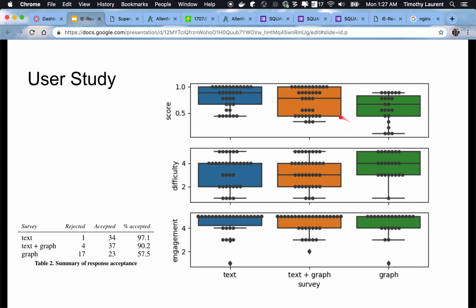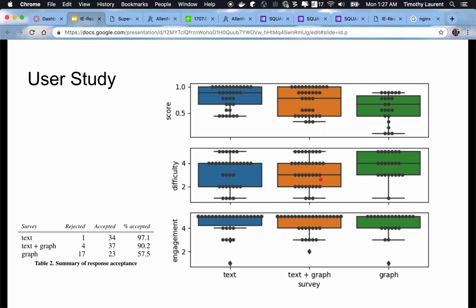That was statistically significant. But you can see that, on the whole, there's a bigger distribution of scores in the text and graph in the middle here, and there's a lot more lower scores in the graph.